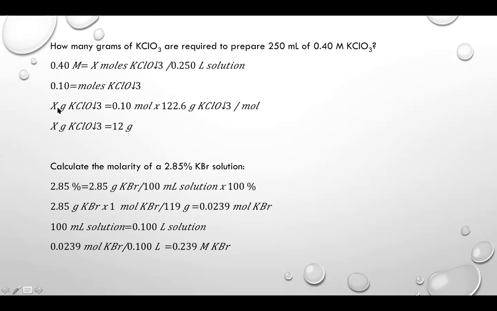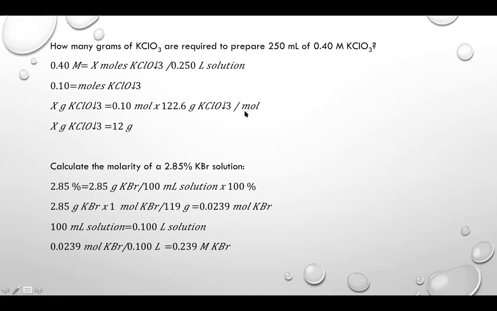Now we want to figure out the grams. And so we'll do our mole to gram conversion that we get from the periodic table. So you need to calculate the molar mass of potassium perchlorate, and you will come to 122.6. So we'll have to set up our equation where we have 0.10 moles, and we'll multiply it by the grams to mole conversion of 122.6 grams, and we'll divide it by the mole.